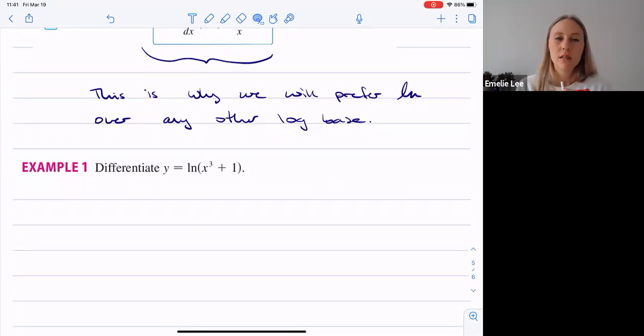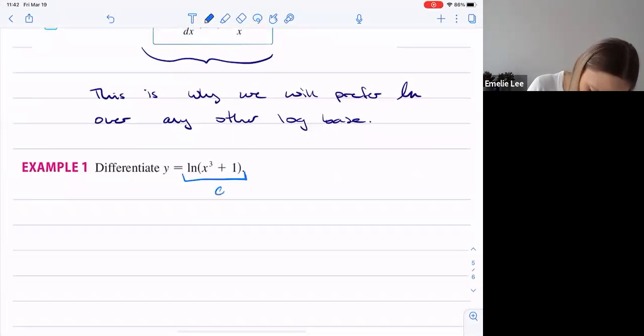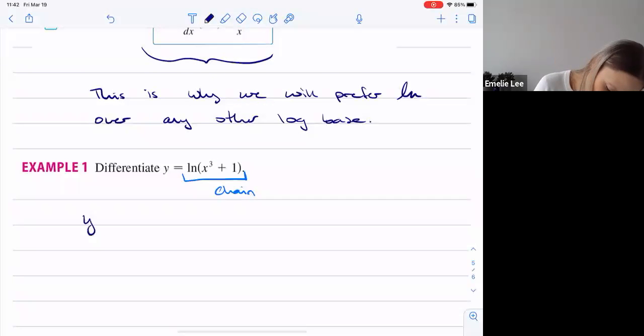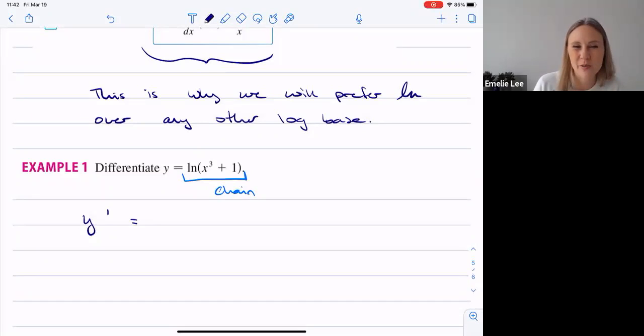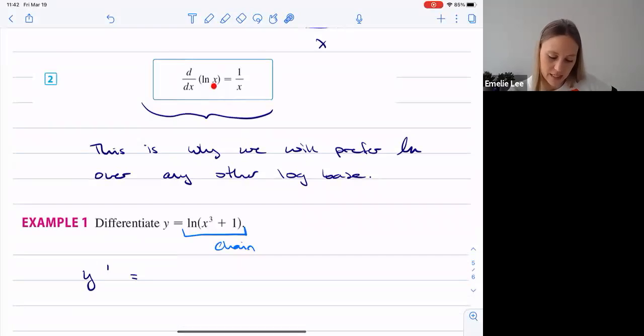So what happens here? I want to differentiate y equals the ln of x to the 3 plus 1. So now I have x to the 3 plus 1 inside the ln function. So again, I have this chain rule, but nothing else going on. So I can find y prime by this property here.